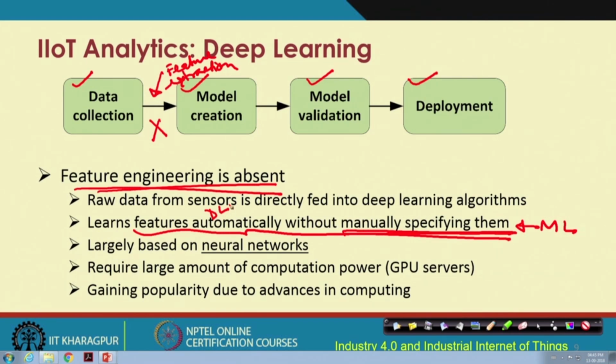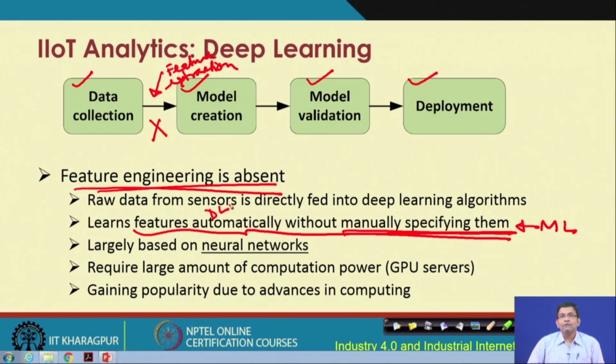Most of these deep learning methods are based on traditional neural networks. Methodologies such as deep neural networks are quite popular, and because of the structure of these deep neural networks and similar methodologies, what is required is large amounts of computation power from the computational infrastructure which runs these algorithms.